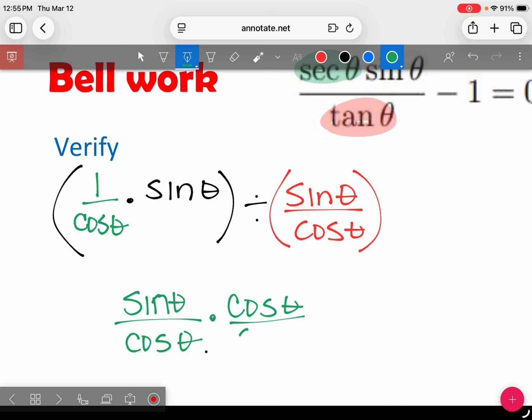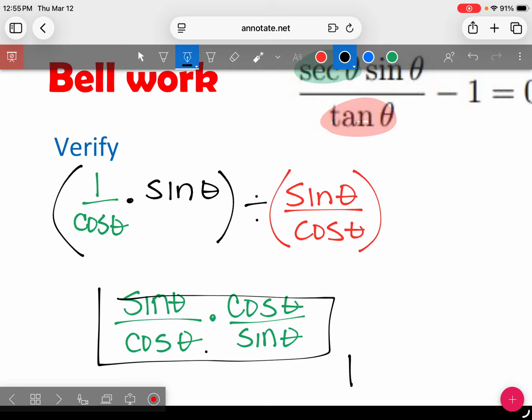And whenever you multiply two things that are reciprocals, you get 1. So what you have now is 1. So this whole thing becomes 1 minus 1, and that equals 0. So that was a pretty simple one.